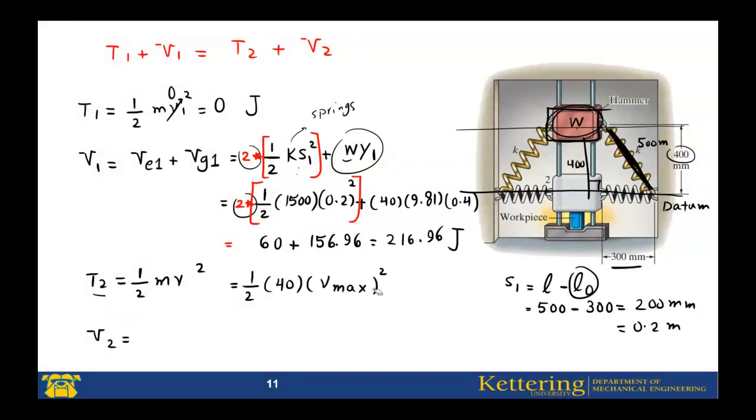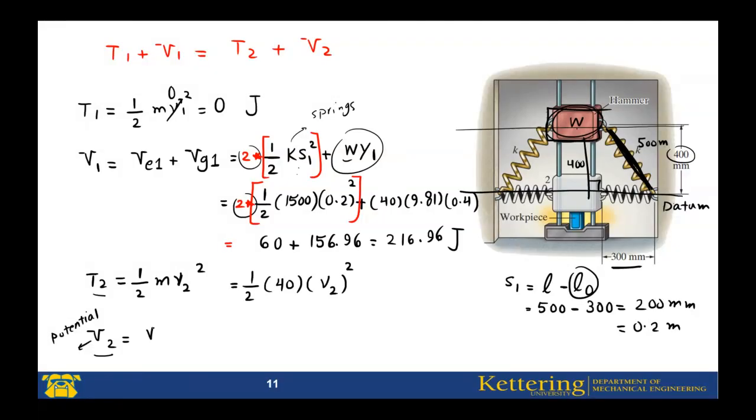Just confused with previous. Then, the potential energy at state 2, this is potential energy, do not confuse this one with the velocity. I use the italic small one for the velocity.